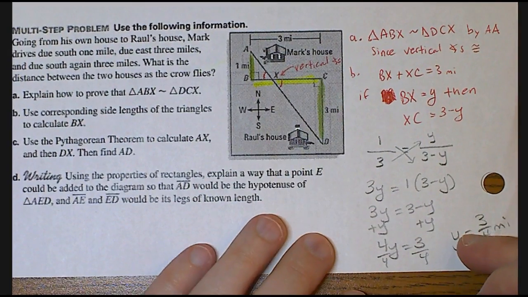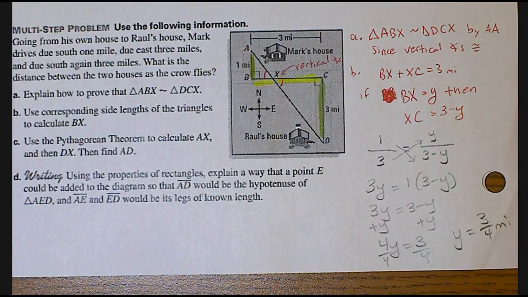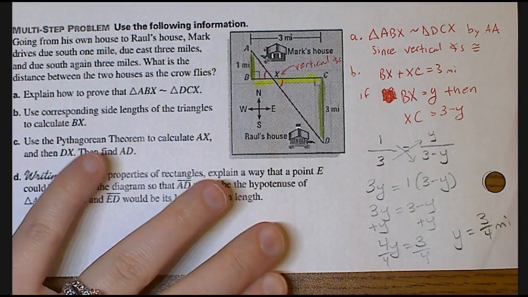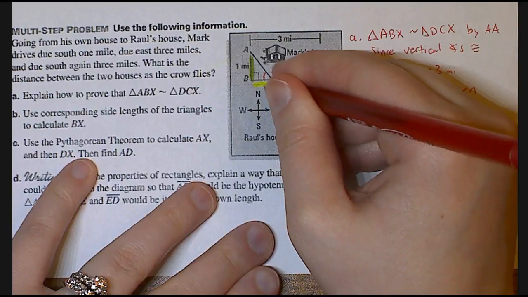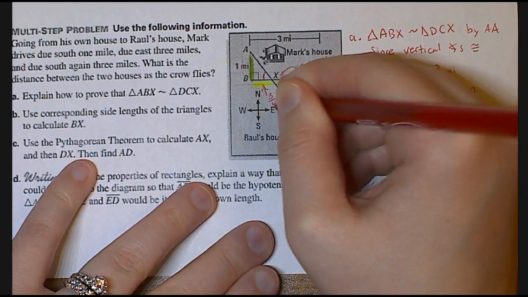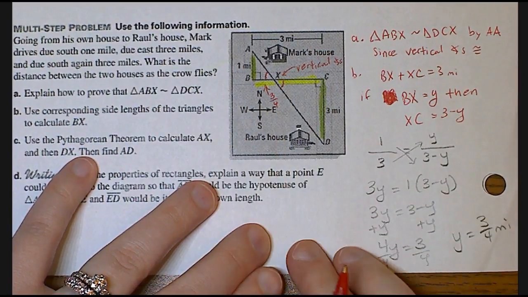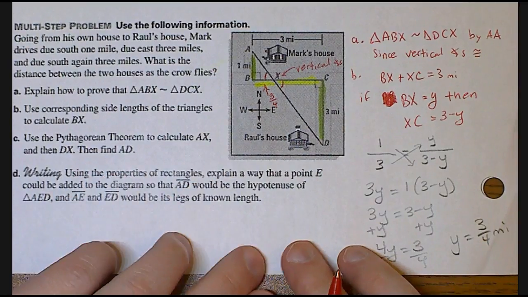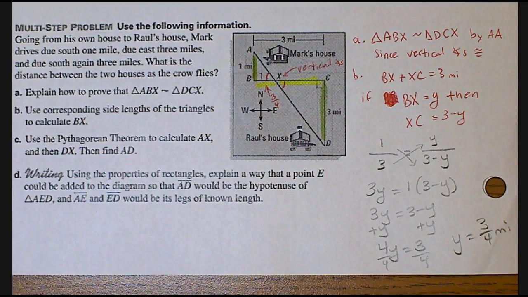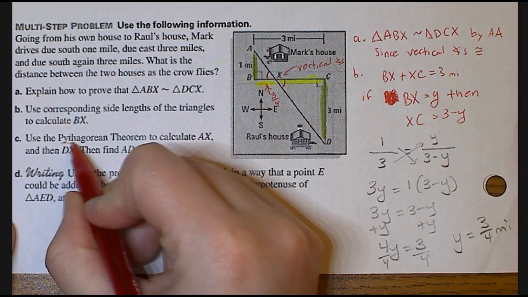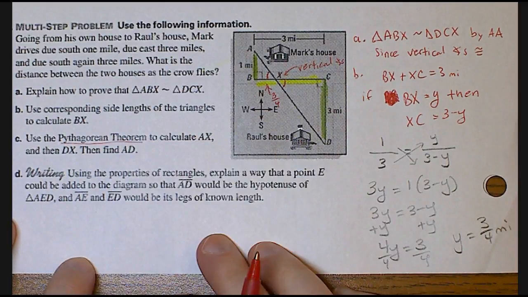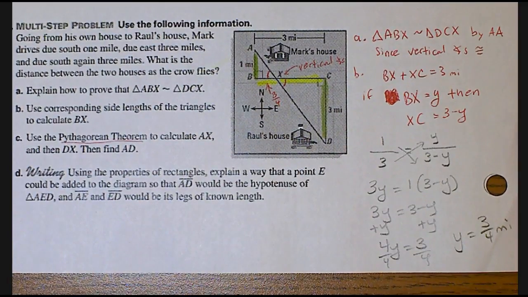So now I just found the value of BX. It's 3/4 of a mile, or 0.75, however you want to write it. That's the value of BX. Now, hopefully, you remember what Pythagorean theorem is. If you don't remember Pythagorean theorem, I would go look it up or go back to our old notes and then see how far you can get with explaining the last part.